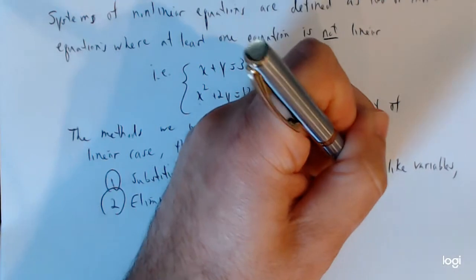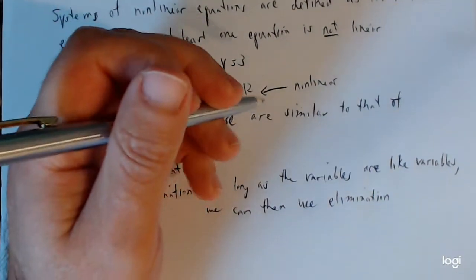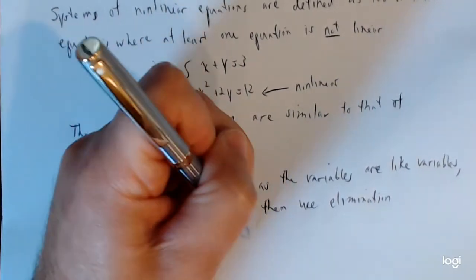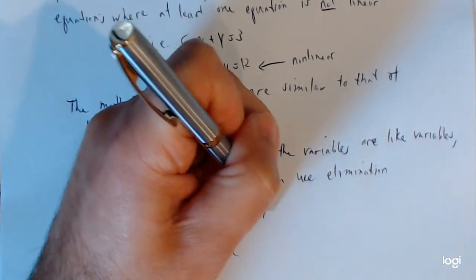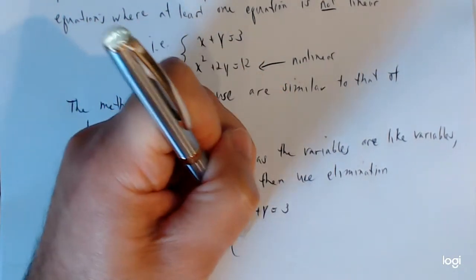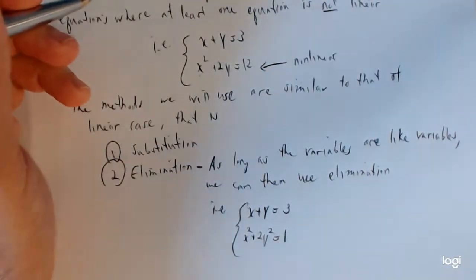One example where elimination won't work is something like this: x plus y equals 3 and x squared plus 2y squared equals 1. What do we notice here?